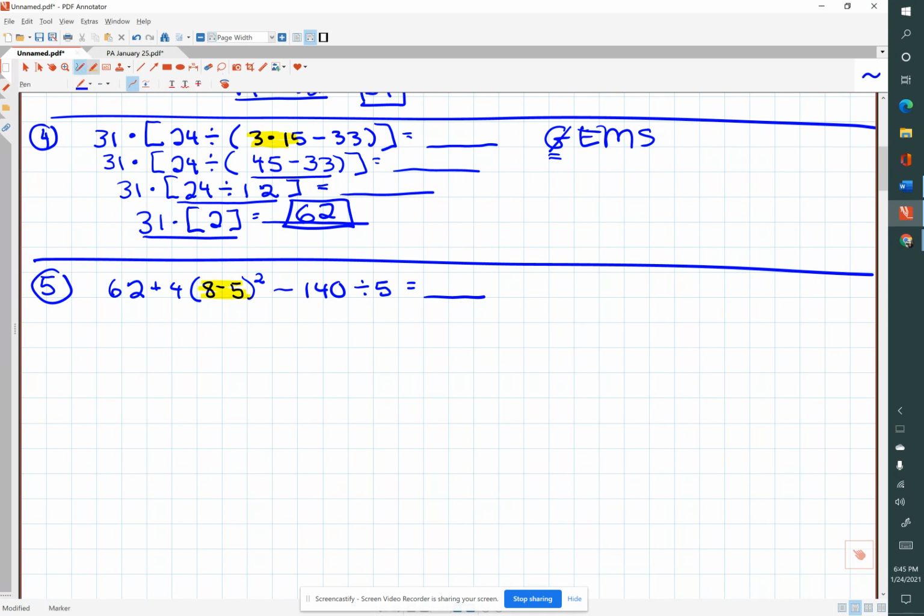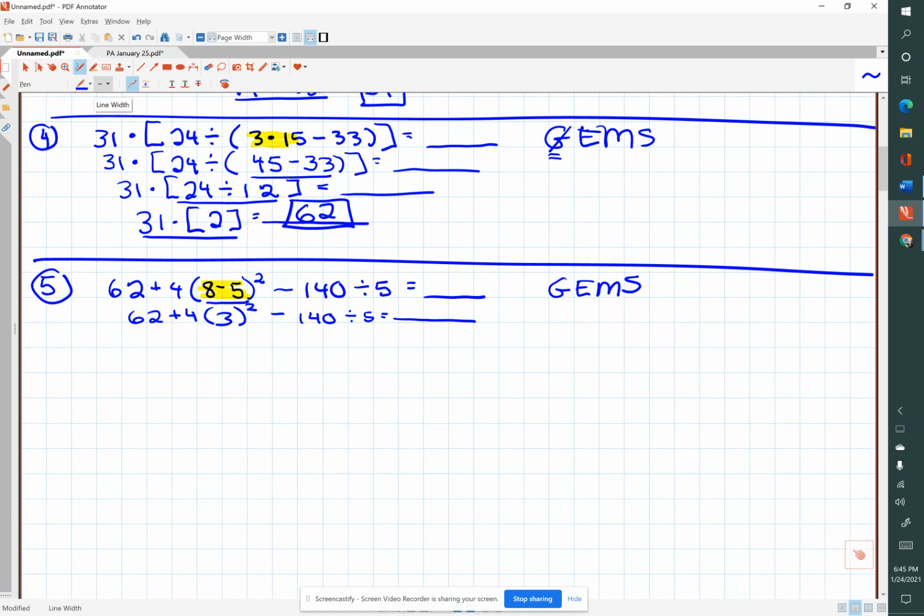So let's put our reminders up here. So 8 minus 5 is 3. So 62 plus 4 times 3, which is going to be squared, minus 140 divided by 5.